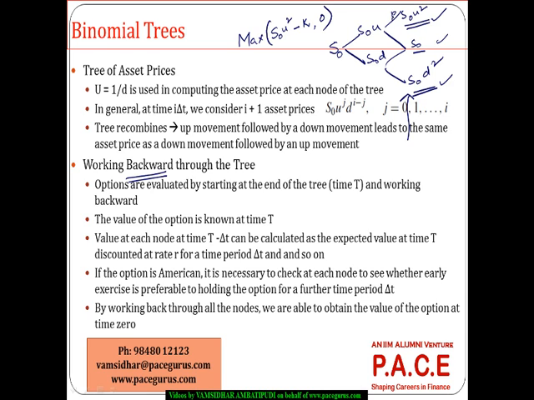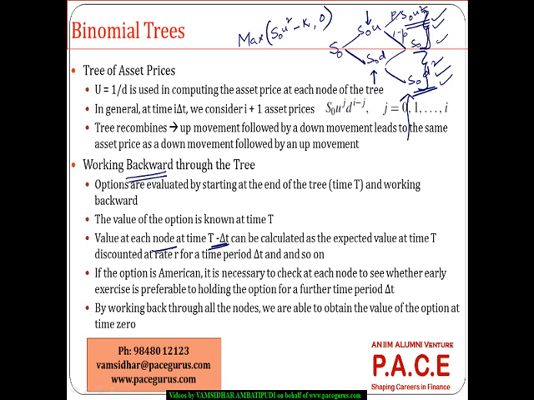I know the probability of going up, I know the probability of going down. So at each node I find the expected value, because I know the option values at time t. Then I find the value of each node at time t minus delta t. I get the expected value here based on the probabilities.